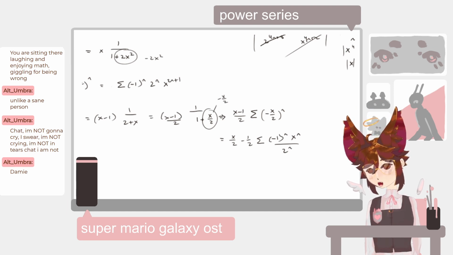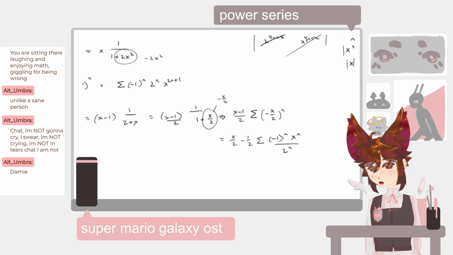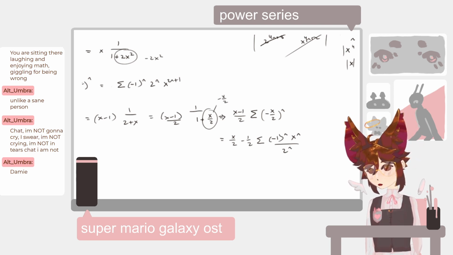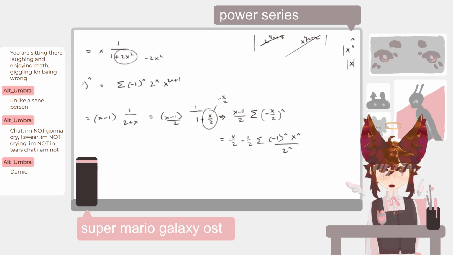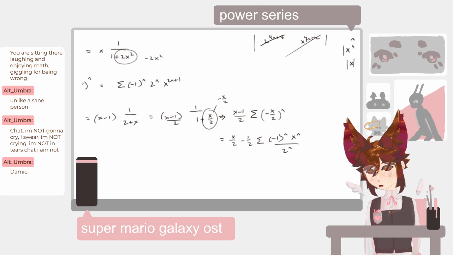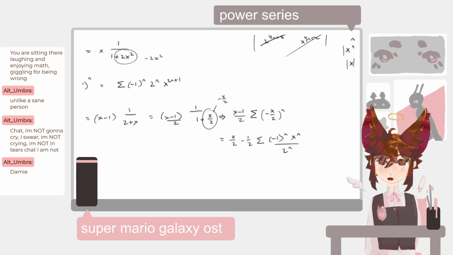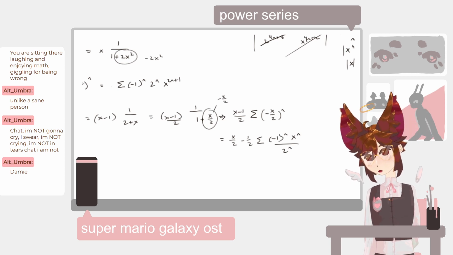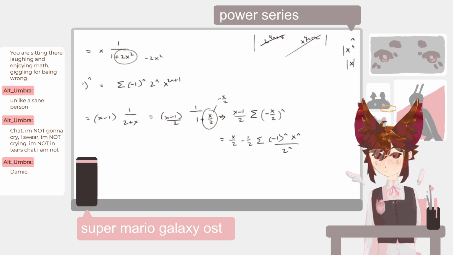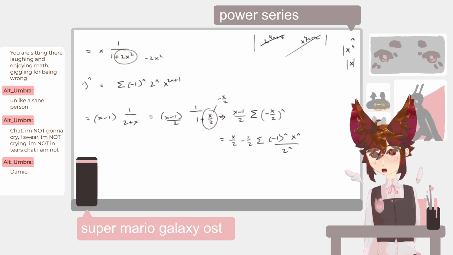Wait a second, they are doing something sneaky. They're doing something real sneaky. x minus 1 over x plus 2 equals 1 minus 3 over x plus 2? That's unfair. That's a trick. That's a little trick they pulled there. I'm so mad about that. That's evil.